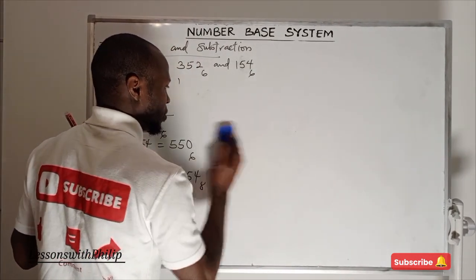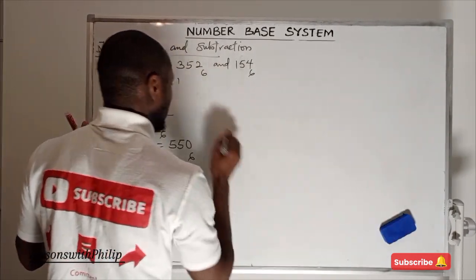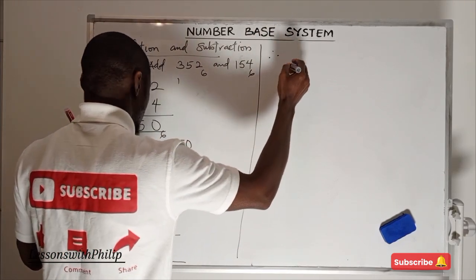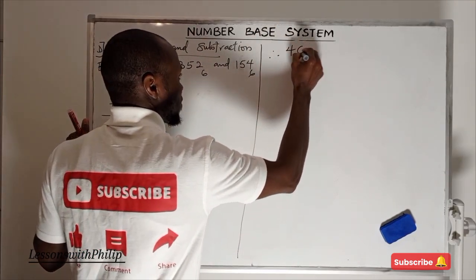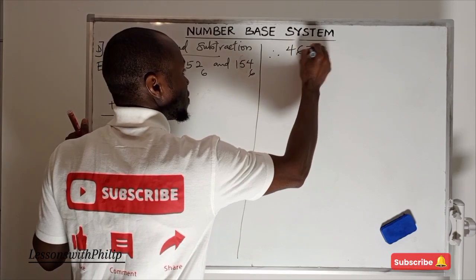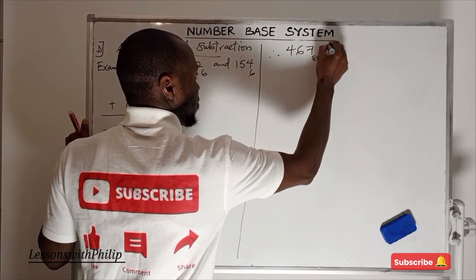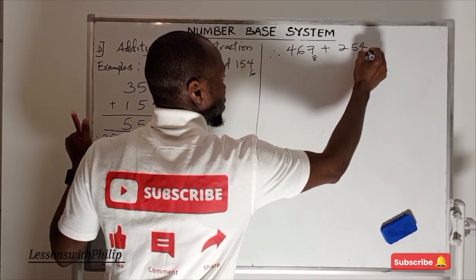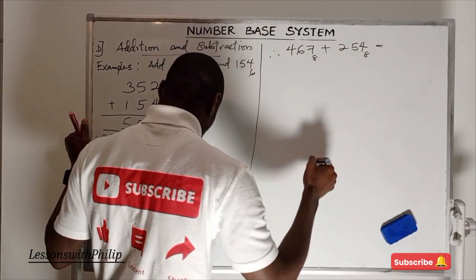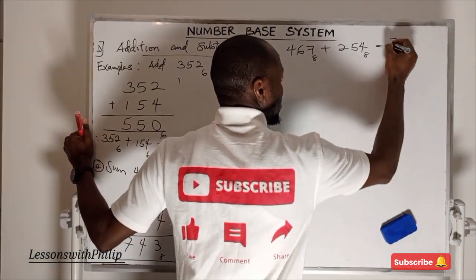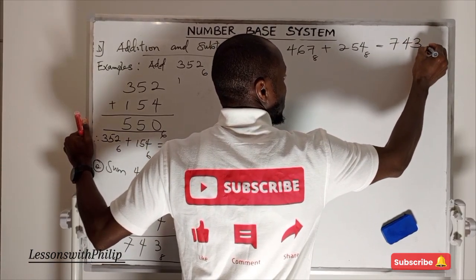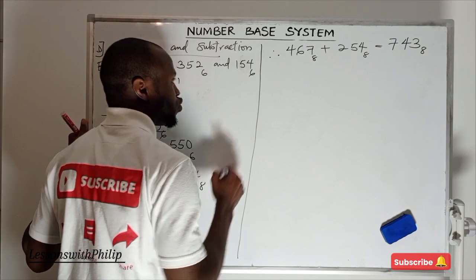Okay. Therefore, my 467 base 8 plus my 254 base 8 will be equivalent to 743 base 8. Let's do another example.